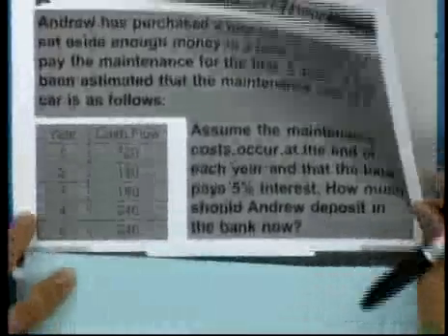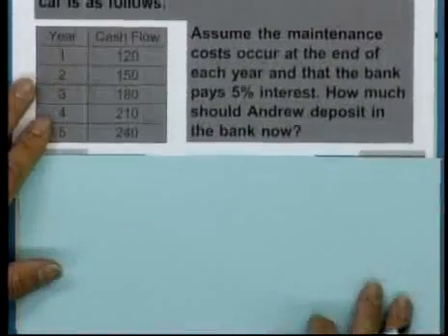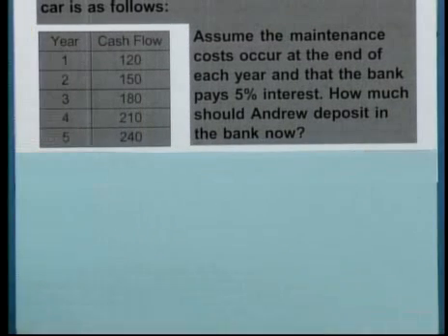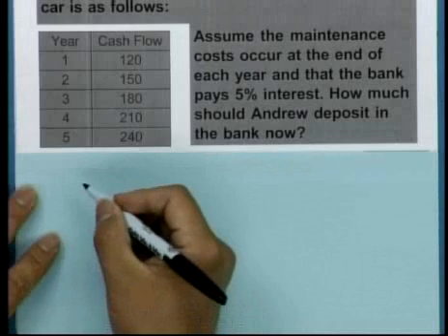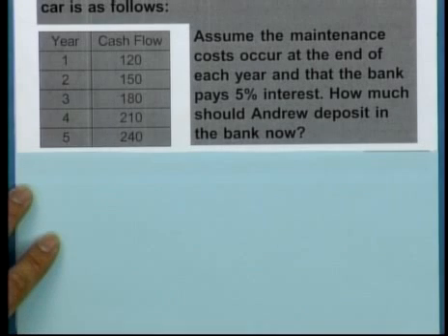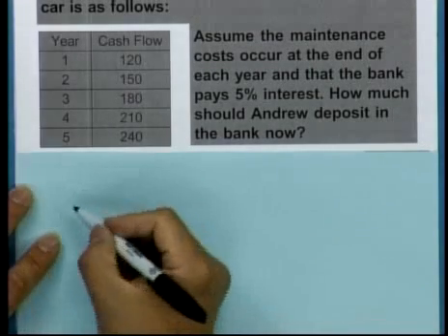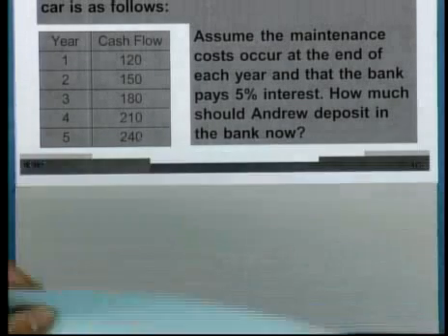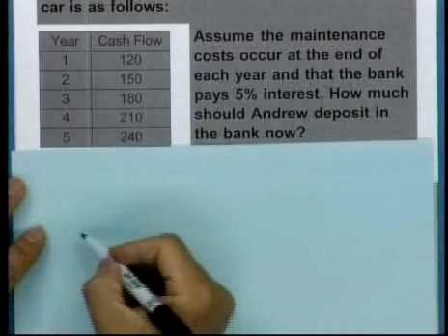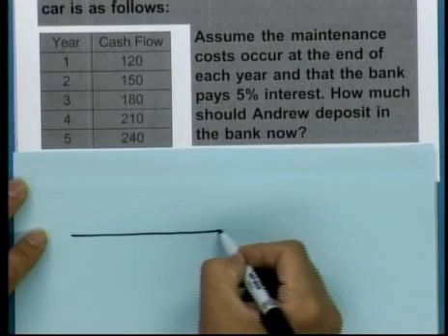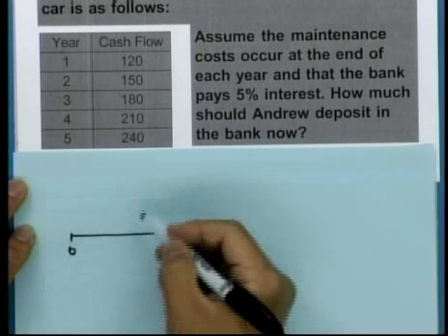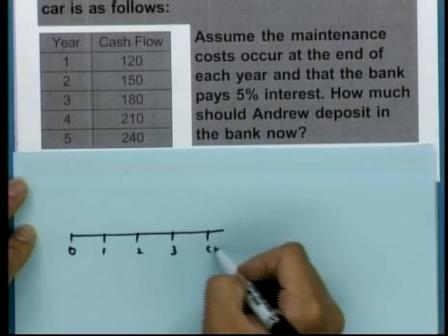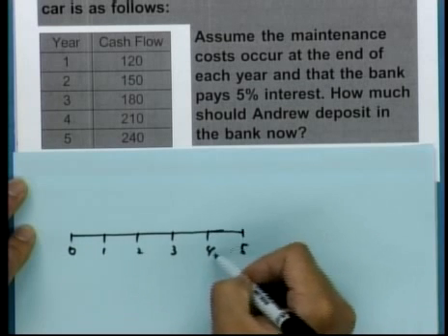So let's draw the cash flow diagram based on this cash flow table. There are 5 periods. 0, 1, 2, 3, 4, 5.